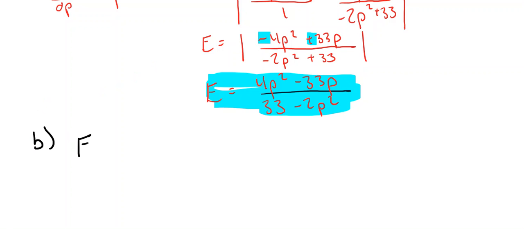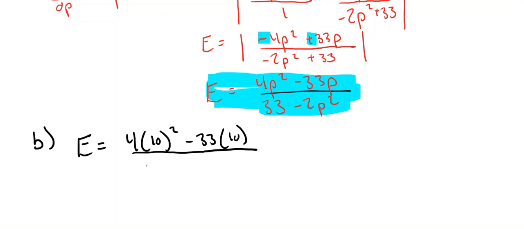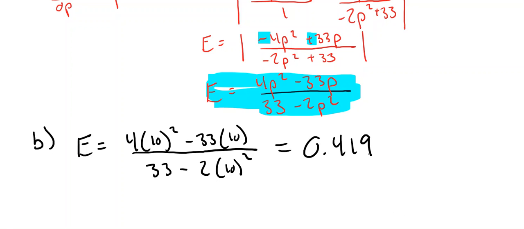So elasticity is 4 times 10 squared minus 33 times 10 all over 33 minus 2 times 10 squared. And that ends up being equal to 0.419. So 0.419 is our elasticity. And then it asks us to interpret that.